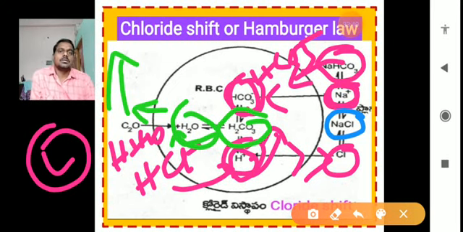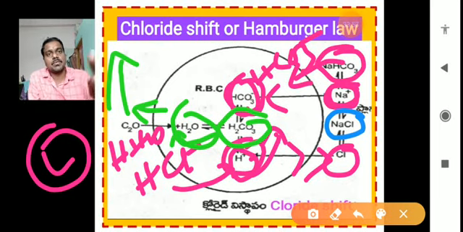So finally we observe that the RBC does not transfer only oxygen from lungs to cells. It also transfers 85% of the carbon dioxide from cells to lungs.